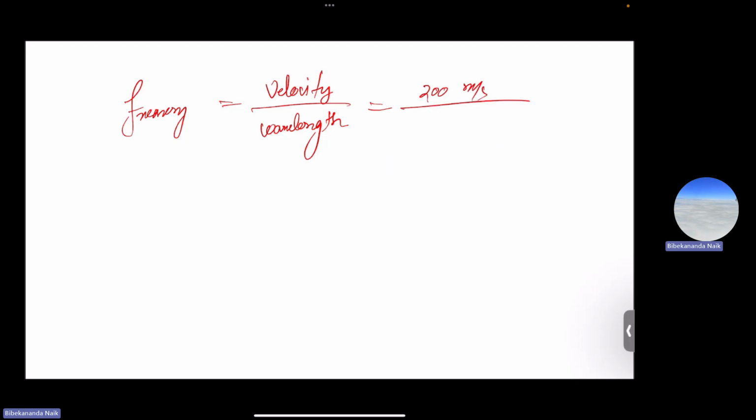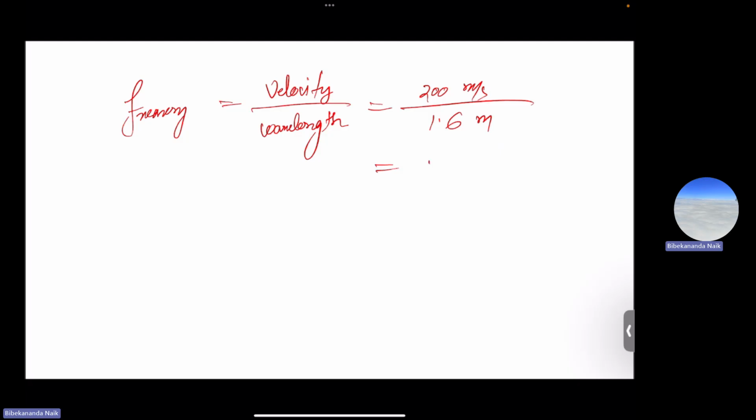There is a relation between wavelength, velocity and frequency. So frequency is equal to velocity by wavelength. Velocity is 200 meter per second and wavelength is 1.6 meter.